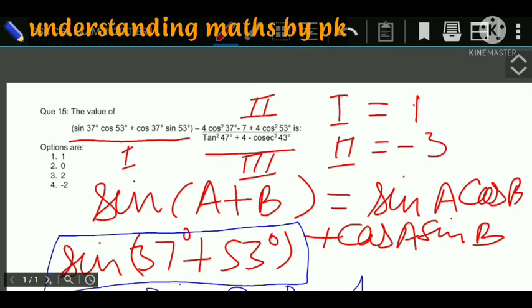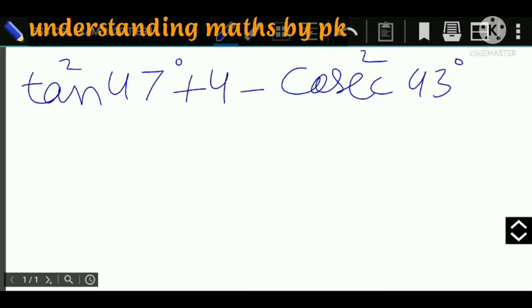Now we will take third part, tan square 47 degree plus 4 minus cosec square 43 degree.